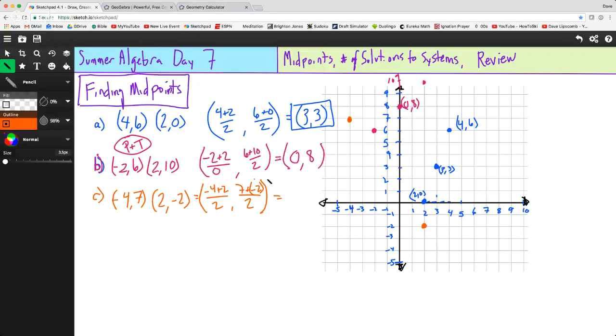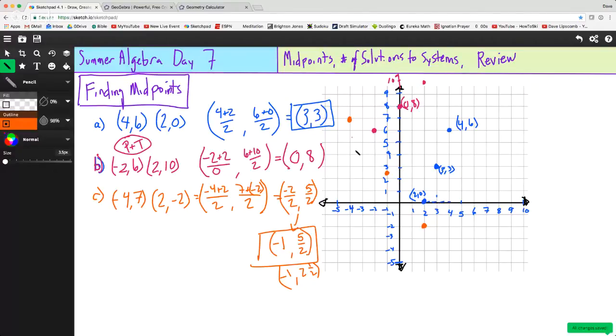So this is going to be -2 over 2, comma, 5 over 2. And that's going to be -1, comma, 5 halves. So let's take a look and see if that looks right. 5 halves is also 2 1/2, so (-1, 2 1/2).